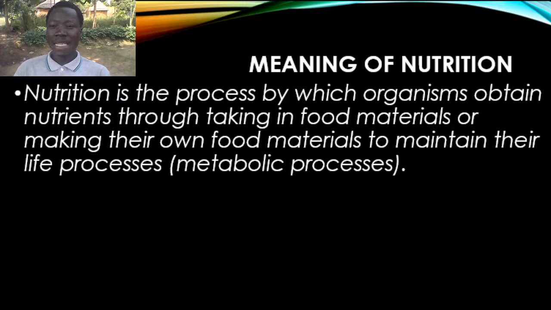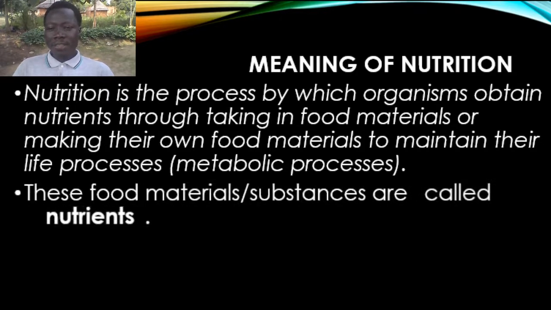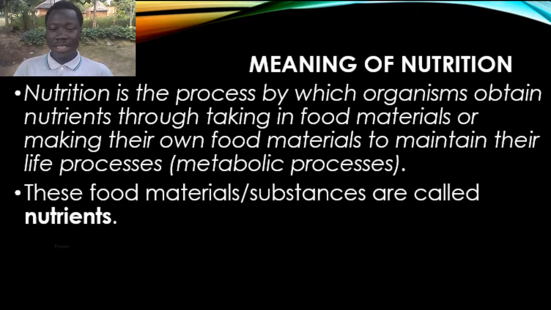It is not the food that we eat that is being used, or is what we call the nutrients, but rather it is the nutrients that are found in those food materials that are being abstracted, and after their abstraction they are used for the metabolic processes of the body. And of course, these food materials are what we call the nutrients, as I had said before.